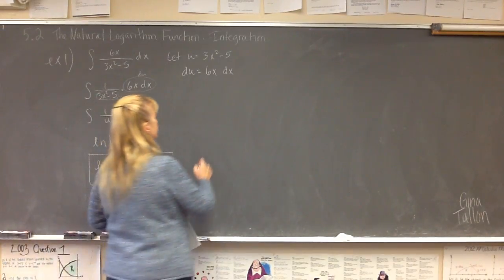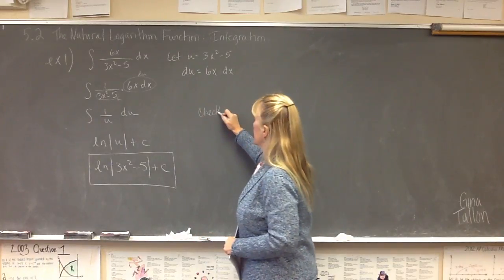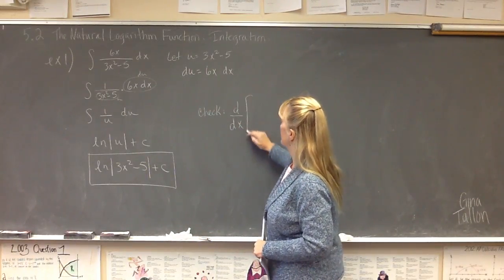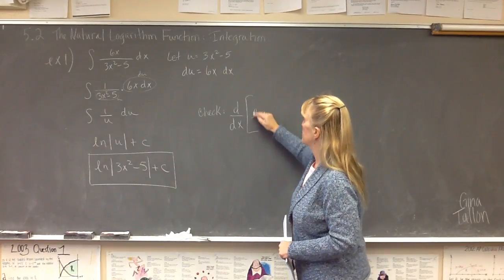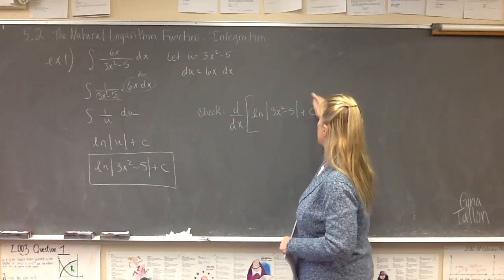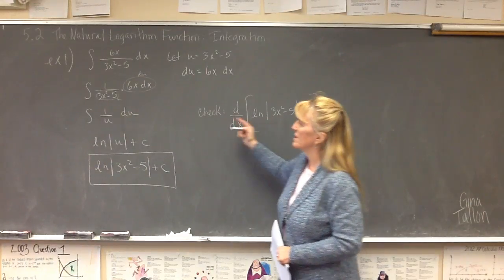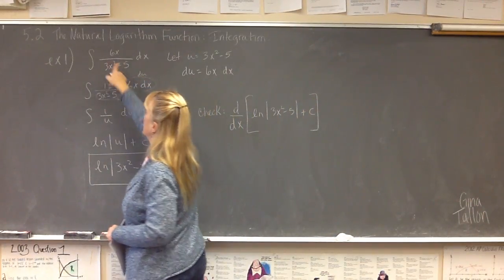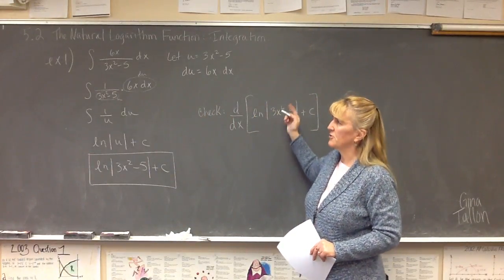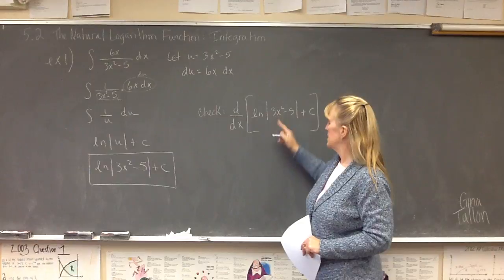If I wanted to check this problem, I would just come over to the side and say, okay, well, let me get the derivative of what I think my answer is, natural log of the absolute value of 3x squared minus 5 plus some constant. Take this derivative, and I'll see if it turns out to be my integrand right here. Well, in order to take the derivative of the natural log, that's your section 5.1, we're just finished with it.